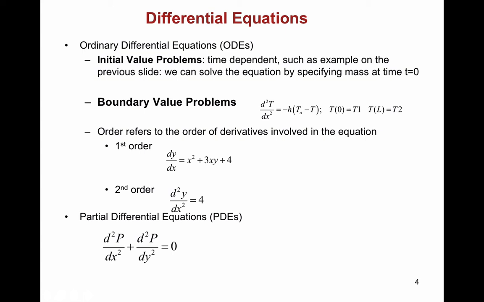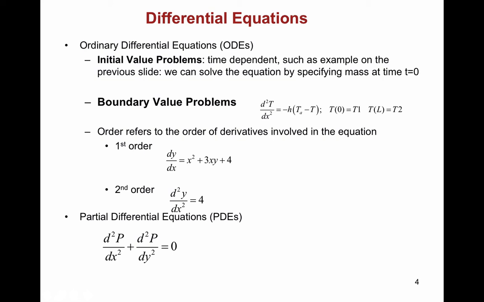We're going to really look, for the most part, at first order and second order equations. So when I have an equation of the form dy/dx is x squared plus 3xy plus 4, or if you want, dy/dt is y squared plus 3ty plus 4, or a second order equation d squared y/dx squared is equal to 4.